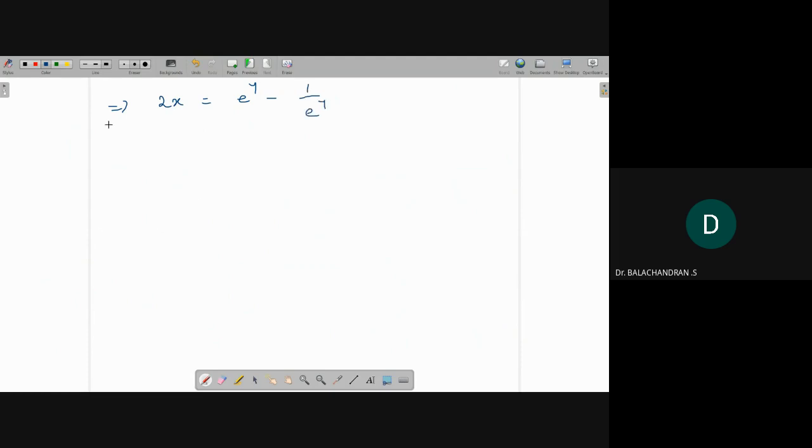So again, I'm going to substitute t equal to e to the power y. So this implies we have 2x is equal to t minus 1 by t.